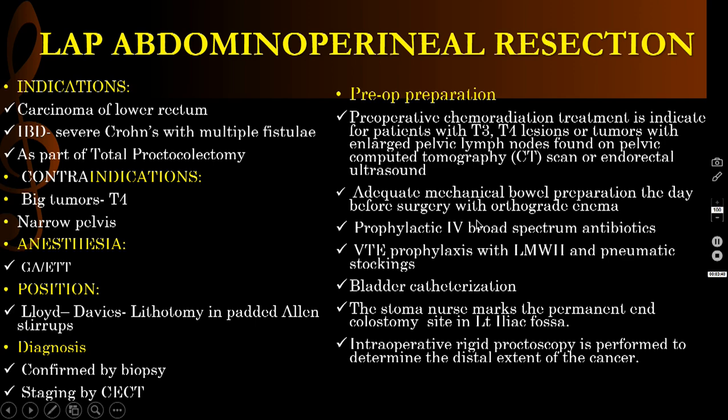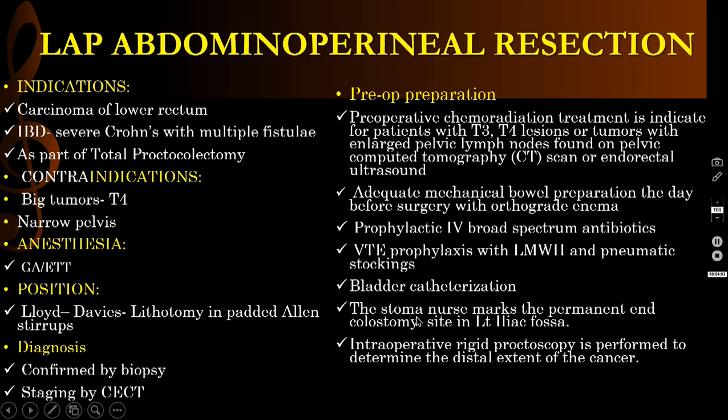Prophylactic IV broad spectrum antibiotics should be given. VTE, that is venous thromboembolic prophylaxis with low molecular weight heparin, or we can use pneumatic stockings to prevent venous thromboembolism. Bladder should be catheterized with Foley catheter.